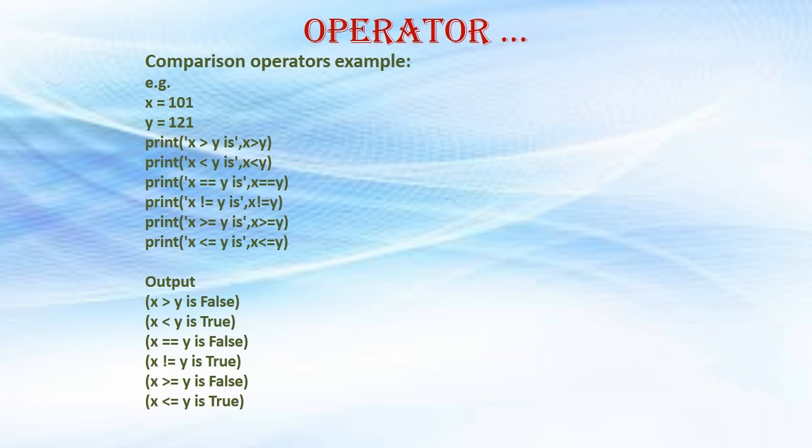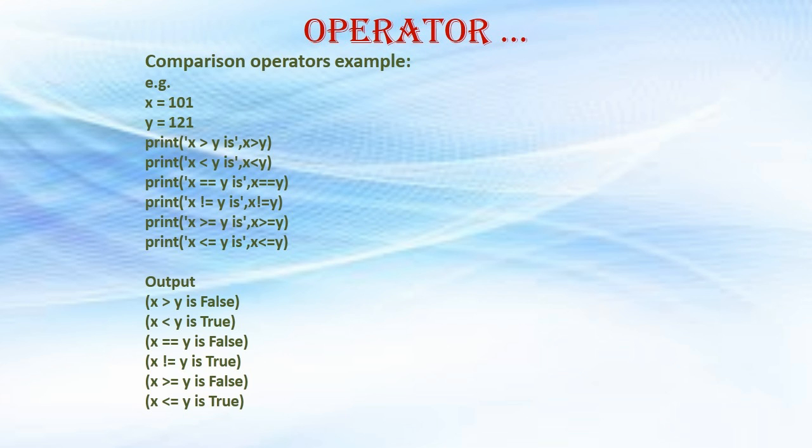So let's check the very first. Print "x is greater than y is", comma, x > y. Whatever is written in inverted commas will be printed as it is, and then it will check whether x is greater than y, which is false, because 101 is not greater than 121.